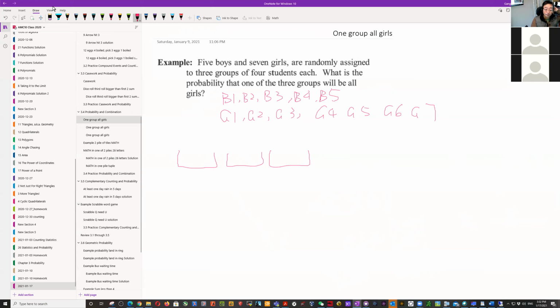And this problem, we actually have to depend on the symmetry of the data, because it's asking the probability that one of the 3 groups. So I'm going to calculate the probability that the first group will be all girls.